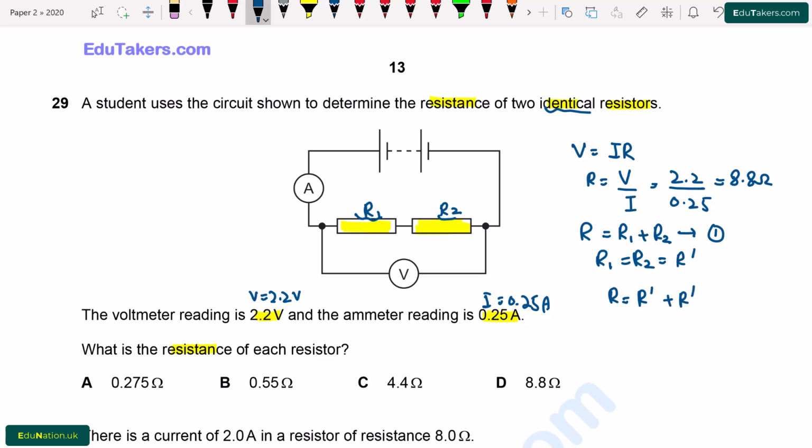The value of R is 8.8. It will be equal to 2R prime. So R prime will be equal to 4.4 ohms. So R1 is 4.4 ohm. R2 is also equal to 4.4 ohm. So from here, option C is correct.